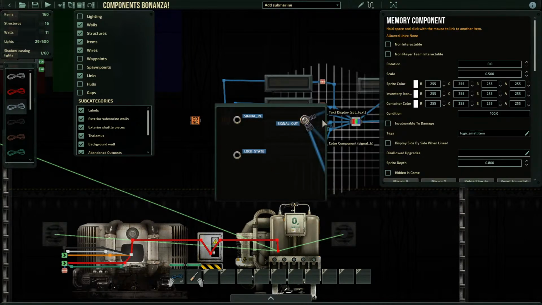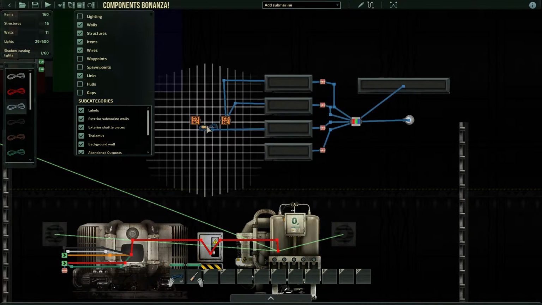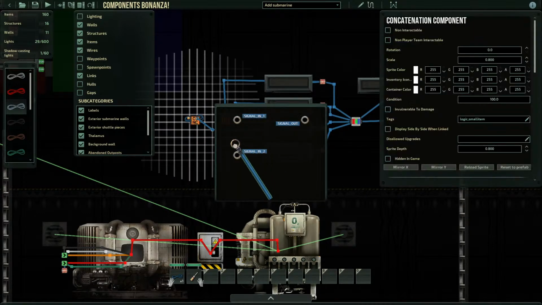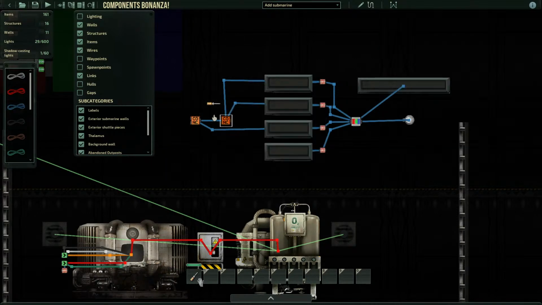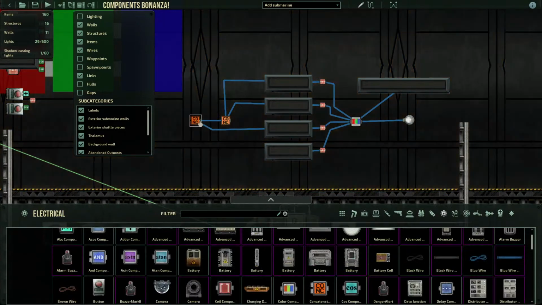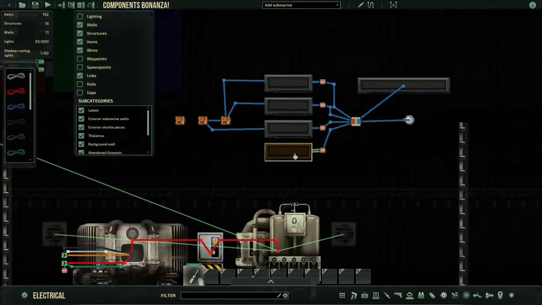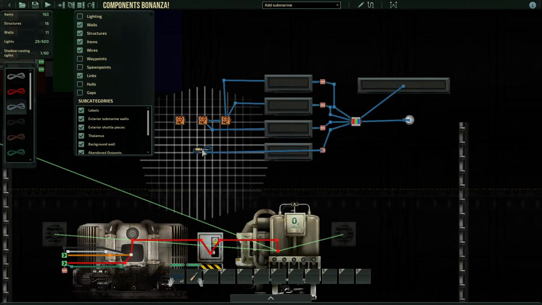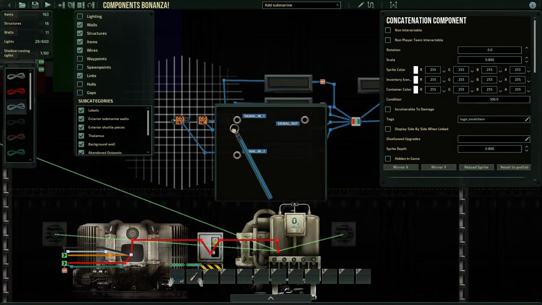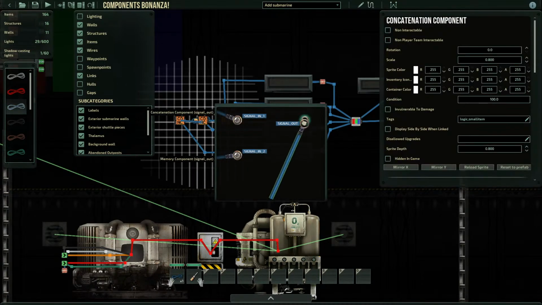Do we still have 4? We do still have 4. Put this in here to signal in 2. Connect signal in 1 to signal out 1. Right, and concatenate these.